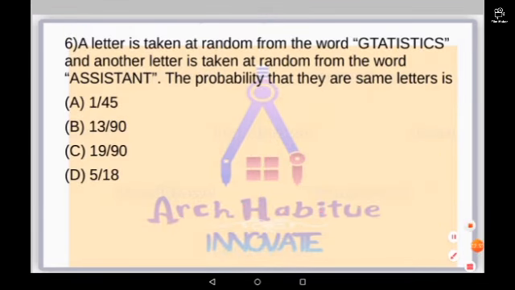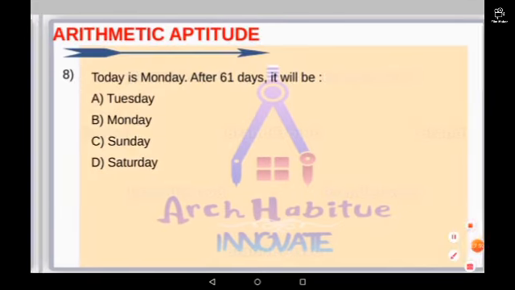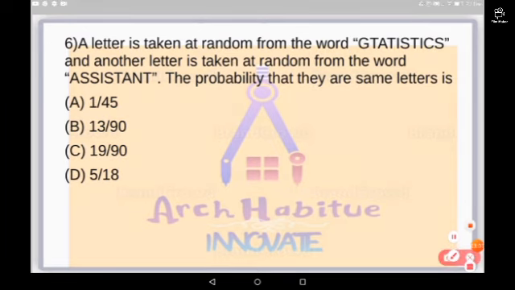Now this is the next question, and for the sixth question also one was having a doubt. Okay, a letter is taken at random from the word. Yeah, I know where you have got it wrong. I think many of you should have the doubt for this question because there is a slight difference in the question. It's not G, it's S. Sorry for the mistake.